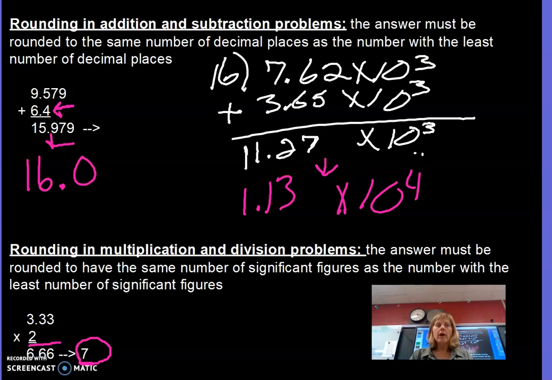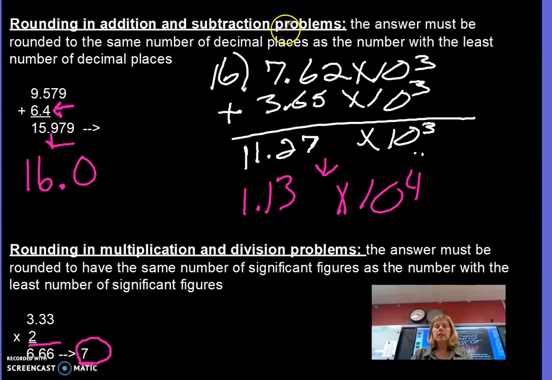So now we went over how to round numbers, and we went over how to apply those significant figures to rounding in the final answers for both addition and subtraction, which are the same as each other, and then multiplication and division, which are the same as each other.